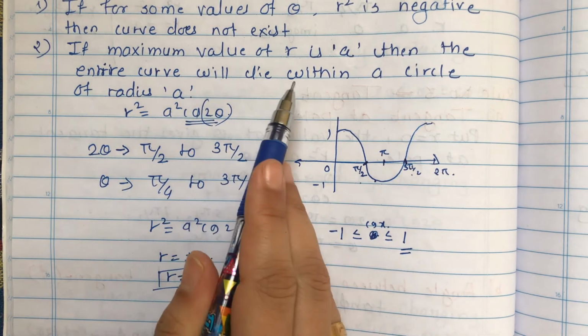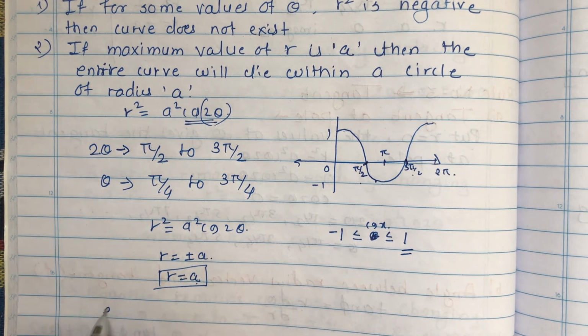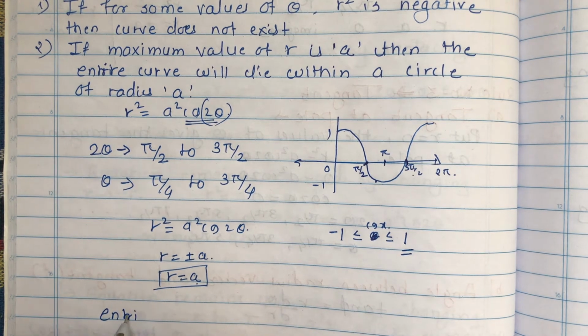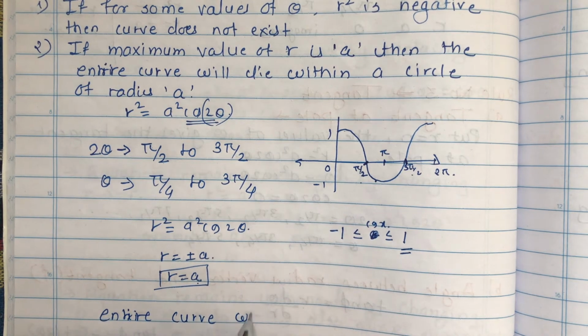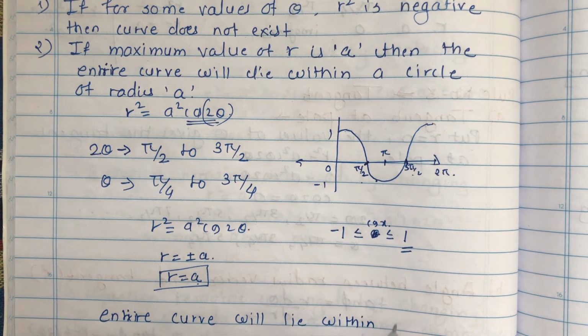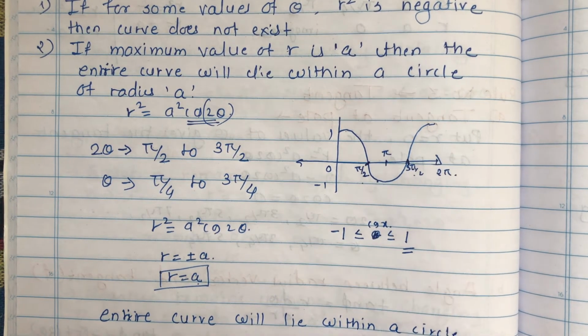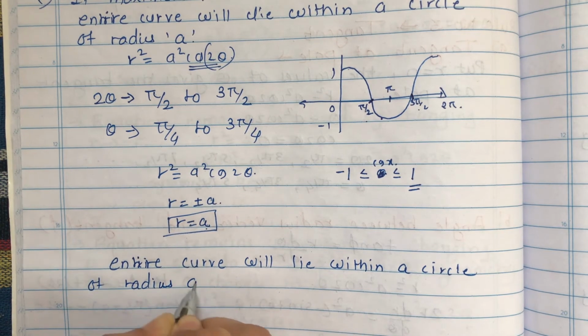So the entire curve will lie within a circle of a. So we can write the entire curve will lie within a circle of radius a.